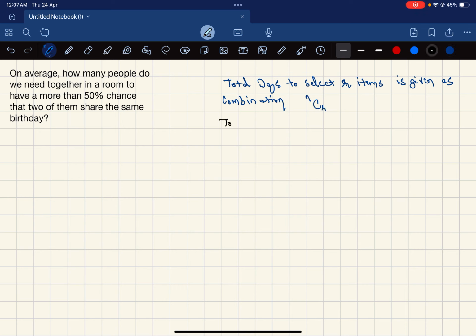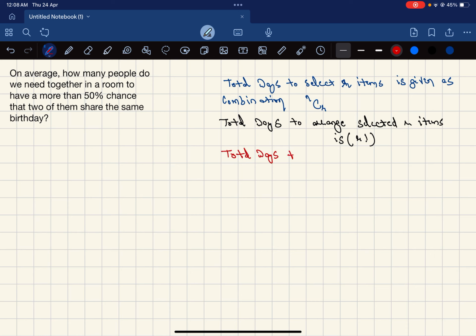Then total ways to arrange the selected r items is r factorial.